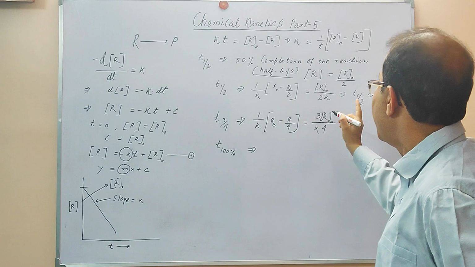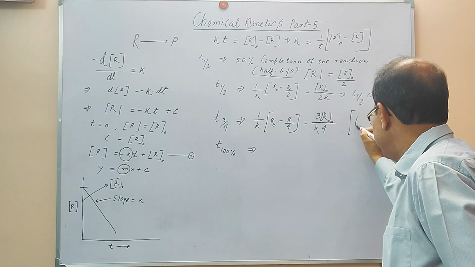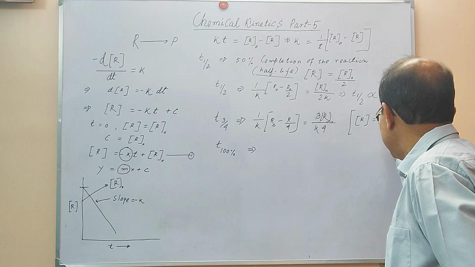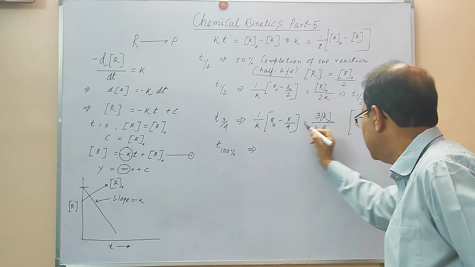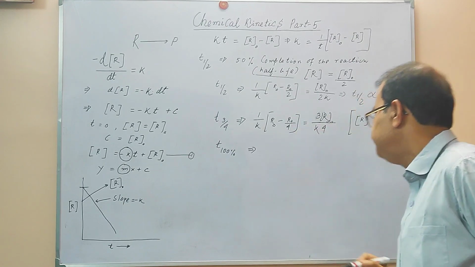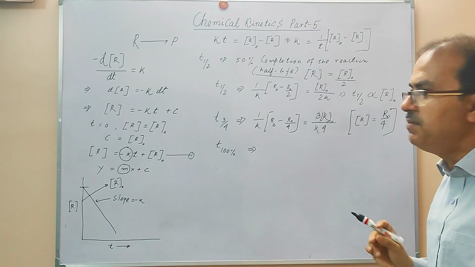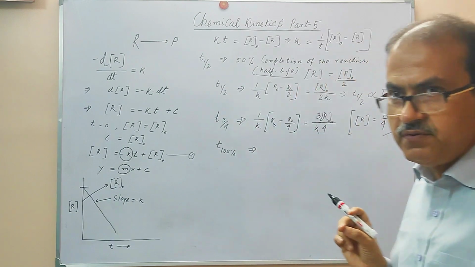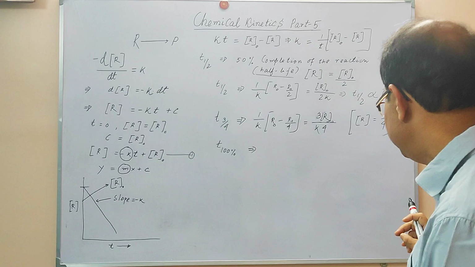At that time, R, here what we will do? Here the concentration of R is basically 1/4 R0, where the reaction has been completed by 75%, 3/4, and 1/4 is remaining.